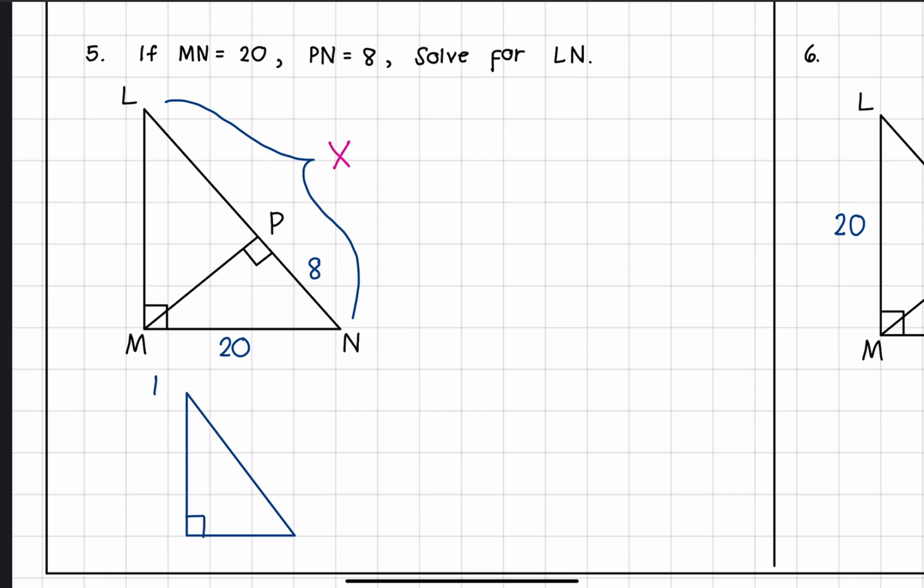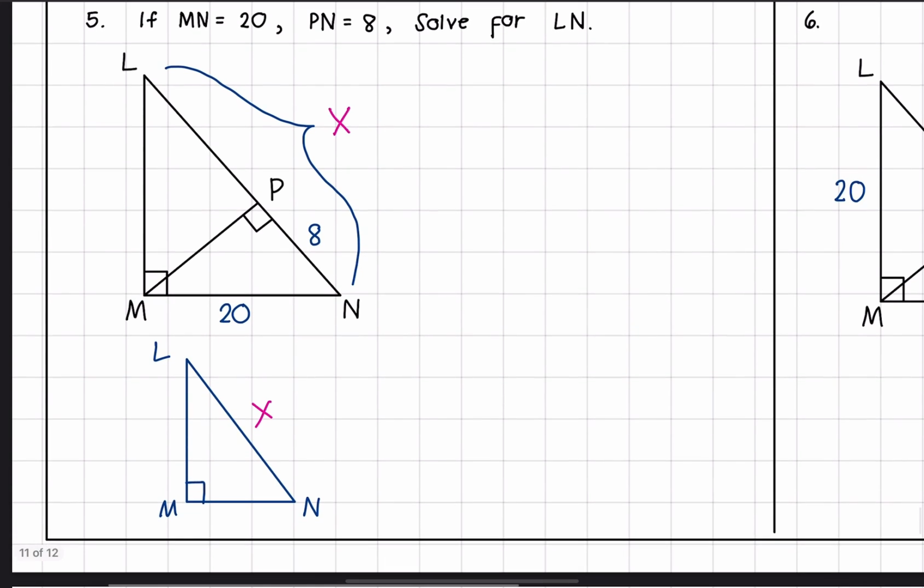We can see here that LN is X. So I'm going to write this as X. And MN measures 20. Okay, so that's the first triangle.